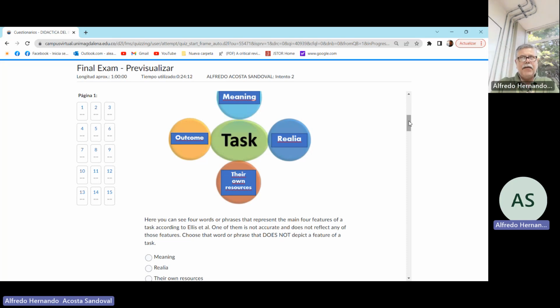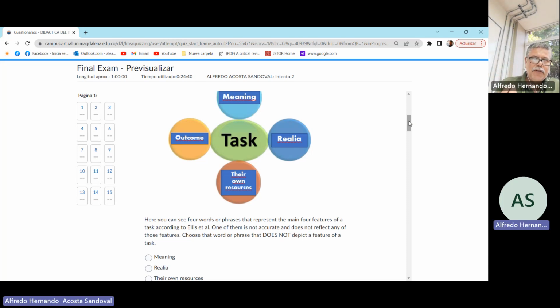It means that, as far as you remember, tasks have 4 main features. Those are, like, meaning is important. That is to say that it must be a meaningful activity. It must be a meaningful task or a meaningful exercise, if you like.